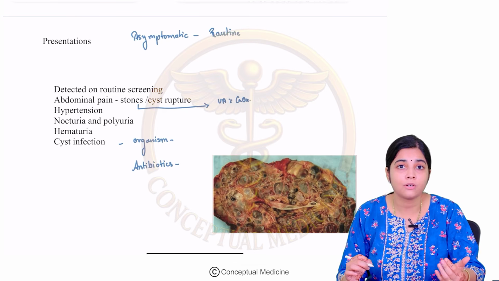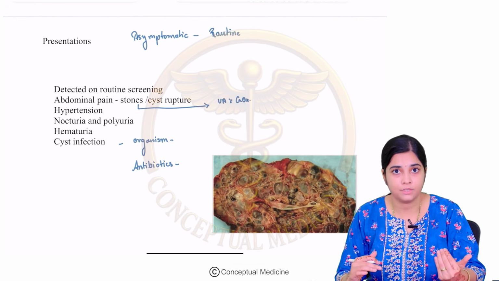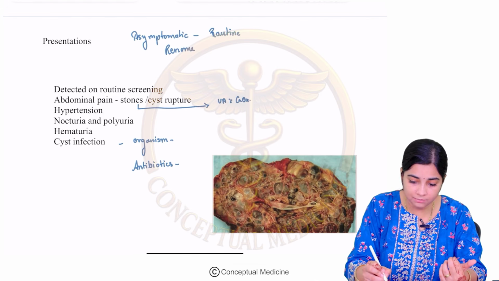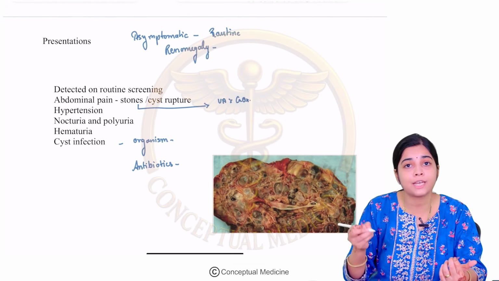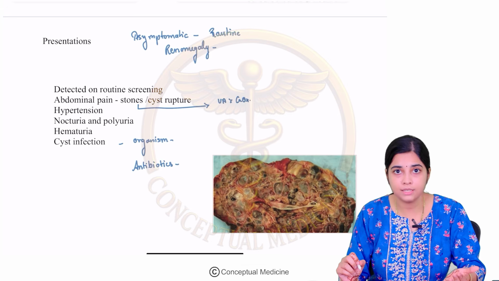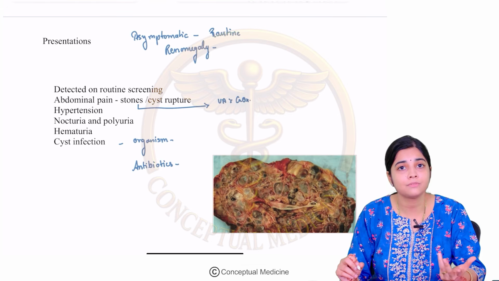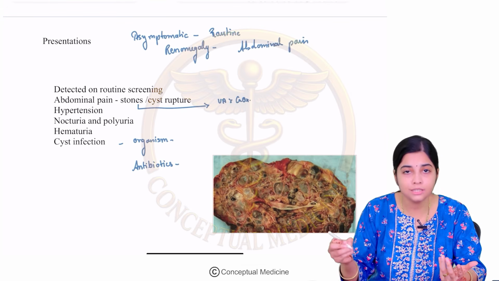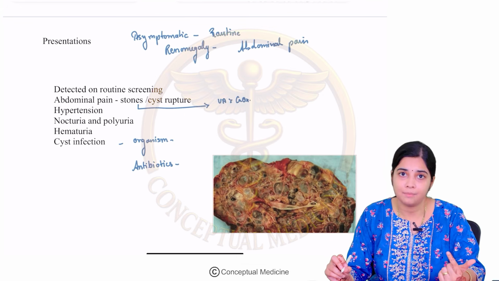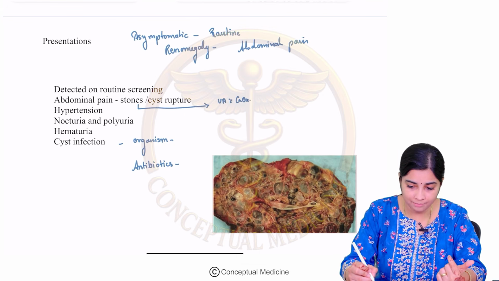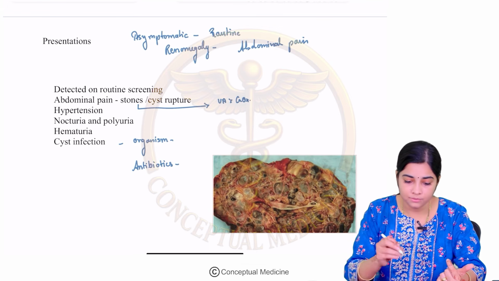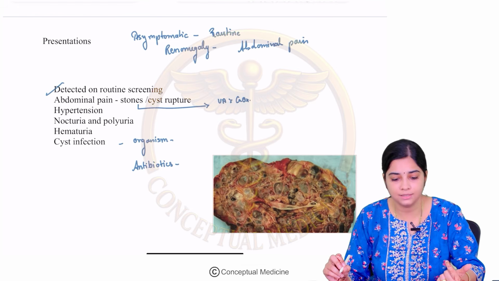Apart from this, when the cysts increase in number, there can be associated renomegaly, which can be picked up on physical examination, and sometimes because of this renomegaly, they can also have abdominal pain. Sometimes they can also have hematuria and recurrent infections.